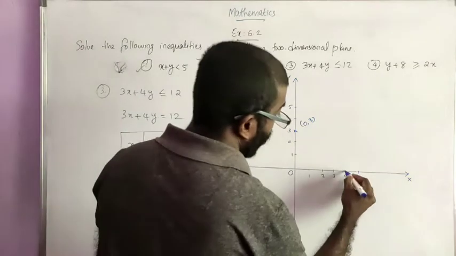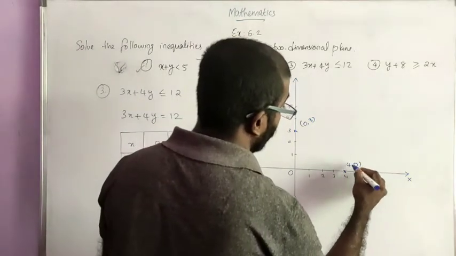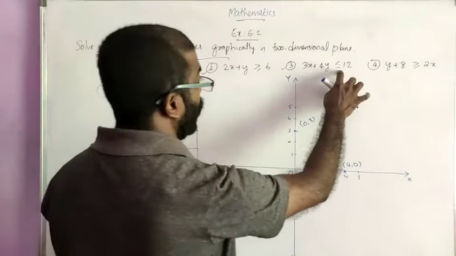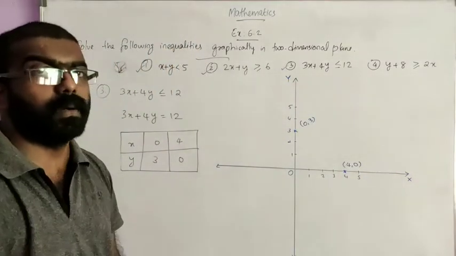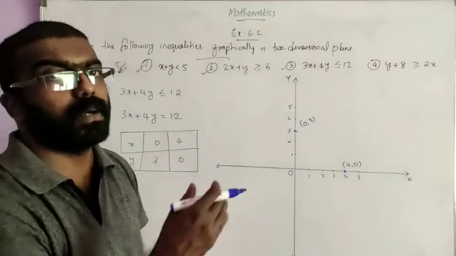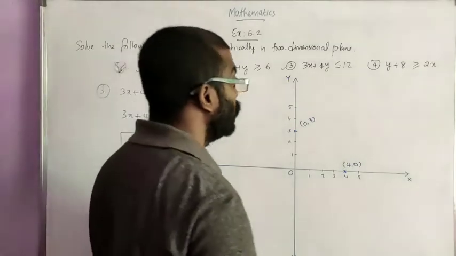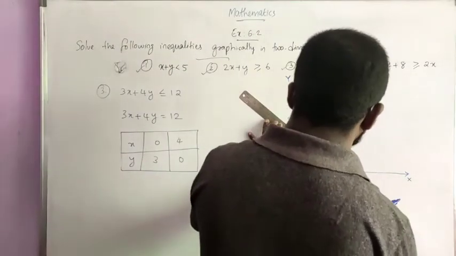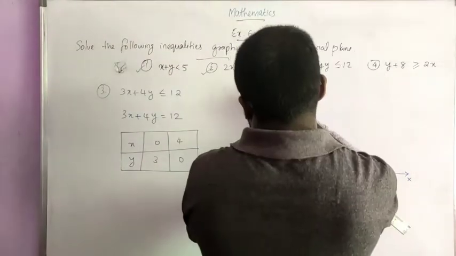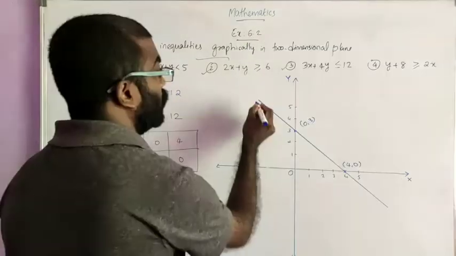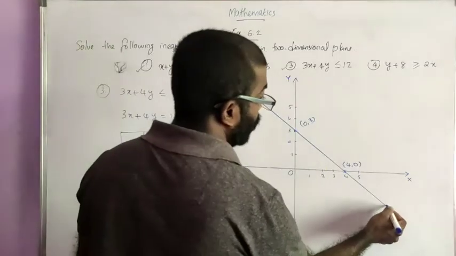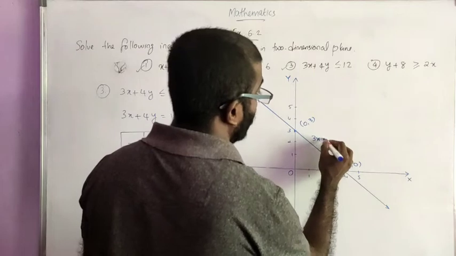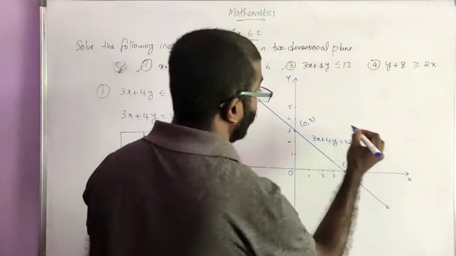Then 4, 0. Here we can mark the point 4, 0. Here also the inequality sign is less than or equal to, equality, so we have to draw a dark line. Okay. So this line will represent the equation 3x plus 4y is equal to 12.